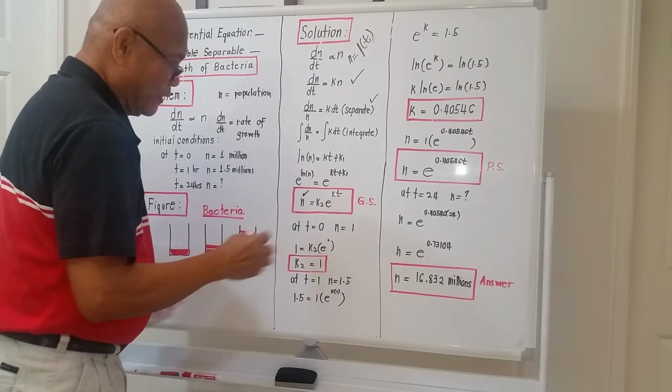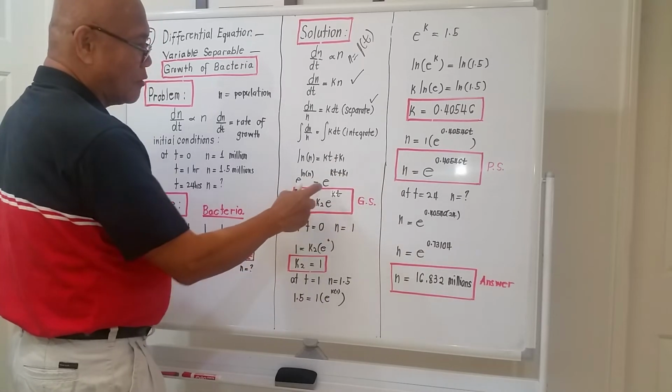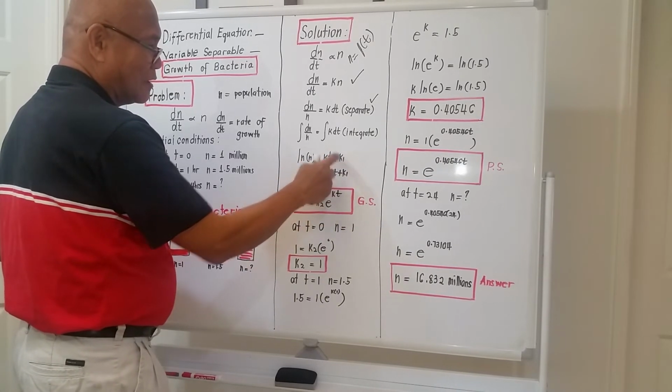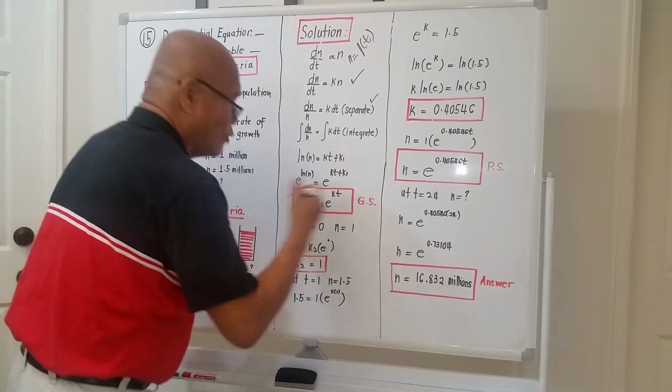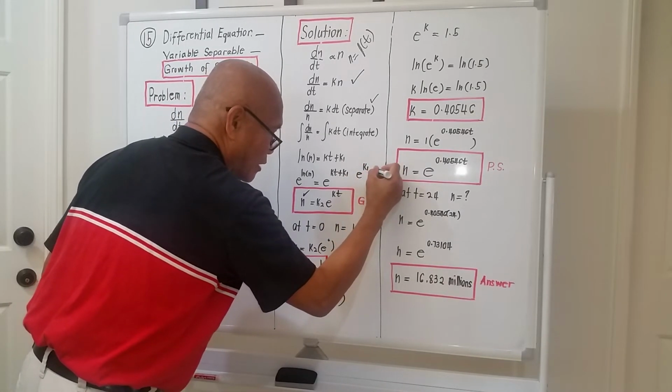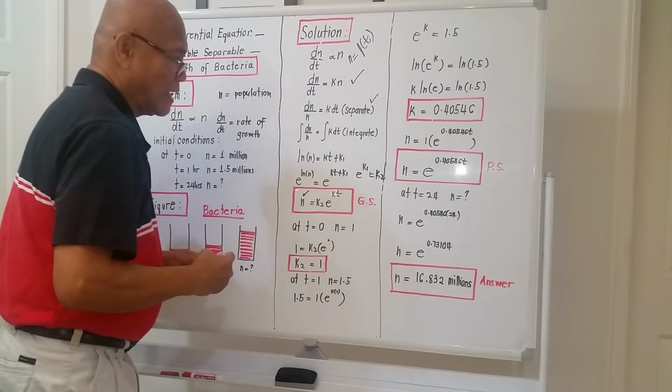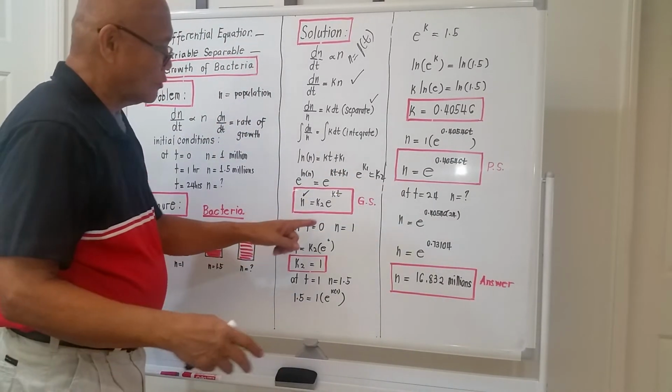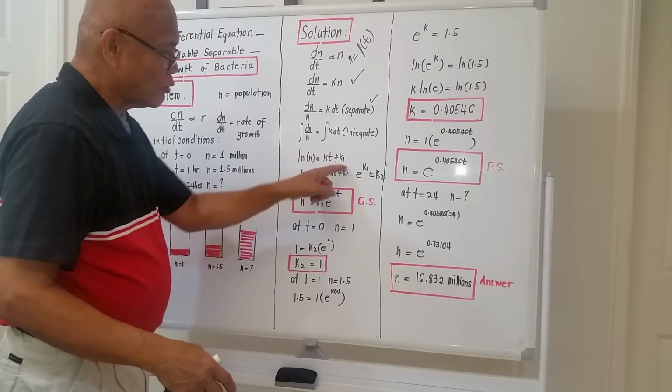The right-hand side is the product of e to the kt times e to the k1, and we let e to the k1 equal k2. So the right-hand side is k2 times e raised to kt.